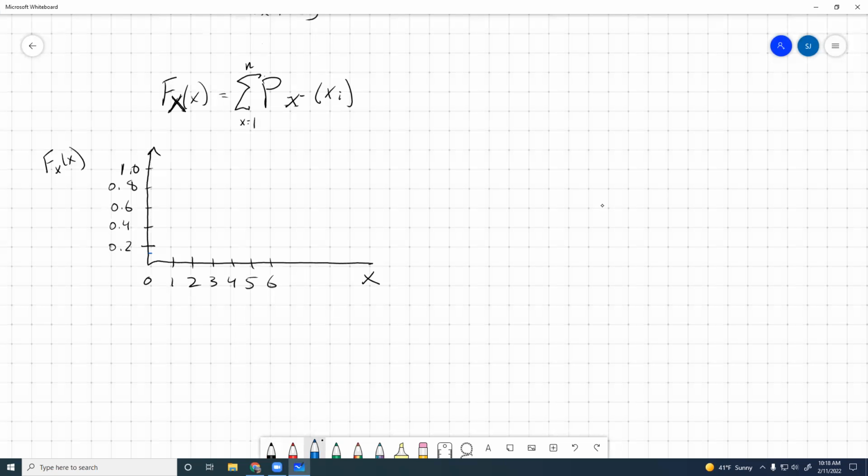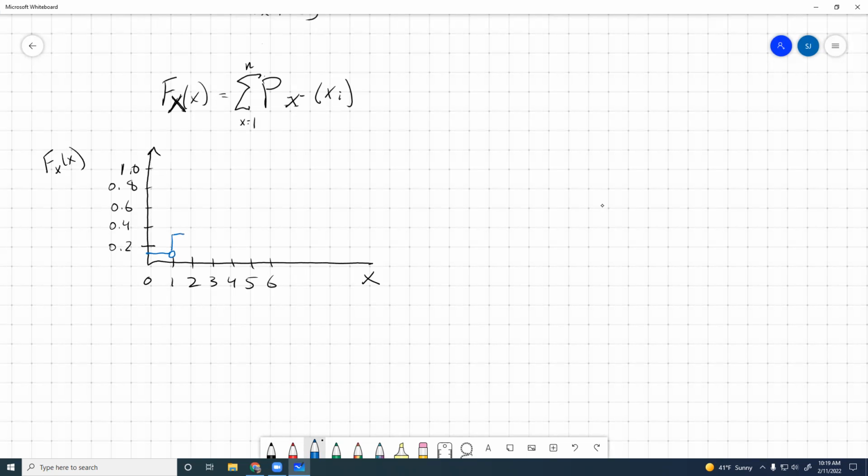So at 0, we're already at 0.1. We come across, we get to 1, and then it's a stair step function. There's an open circle, so we don't include that. It's basically you have a 10% chance of being 0 all the way up to, but not including 1. And then 1 jumps us up to 0.3.